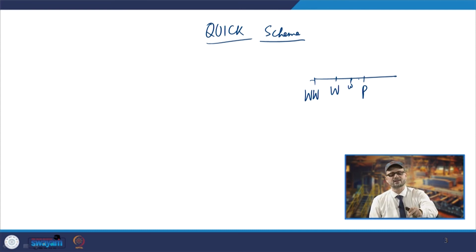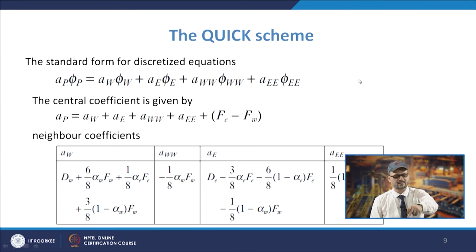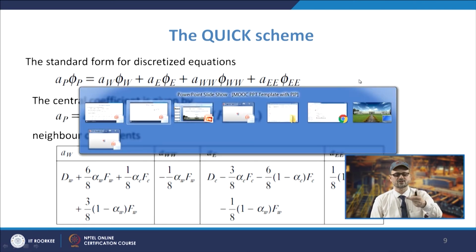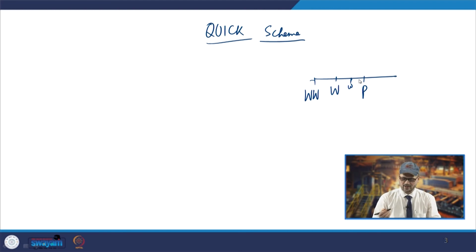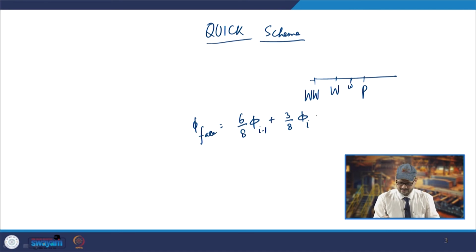Now, if you look at the quadratic upwind scheme, basically phi at the face is normally calculated as 6 by 8 into phi at I minus 1, plus 3 by 8 into phi I, and then minus 1 by 8 phi I minus 2.